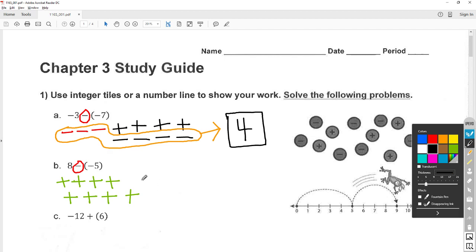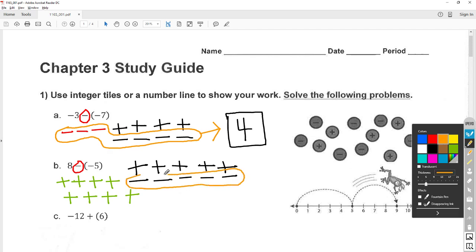So I'm going to have to add some 0 pairs. So I'm going to add 1 0 pair, 2, 3, 4, and 5. And notice if I add 5 0 pairs, I have 5 negatives to remove. Okay, and then I just count up what I have. So I have 13 total positives. So 13 would be my final answer.